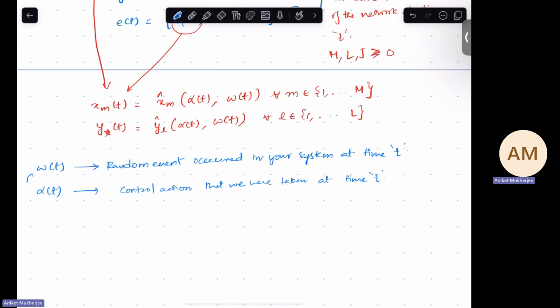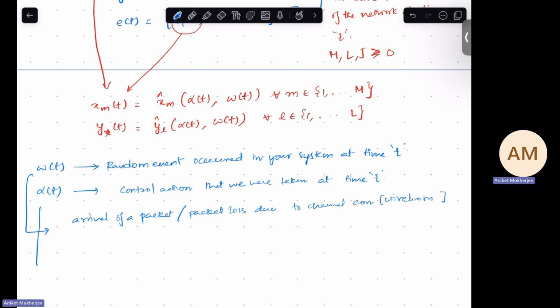So basically, the random event that has occurred in your system at time t could be a random arrival of a packet or packet loss due to channel condition in a wireless system. The control action is basically deciding or choosing.